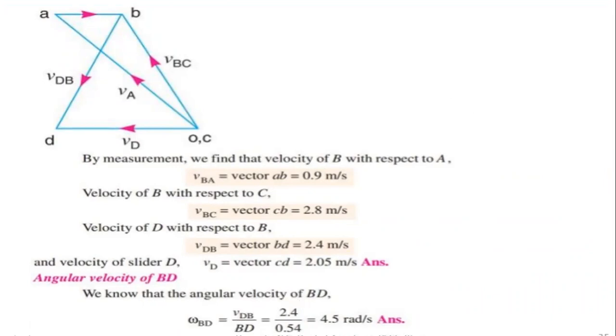The velocity of DB has been obtained already as 2.4 meters per second, and the length of the link BD is 540 mm, that is 0.54 meters. By substitution, we get the value 4.5 radians per second.